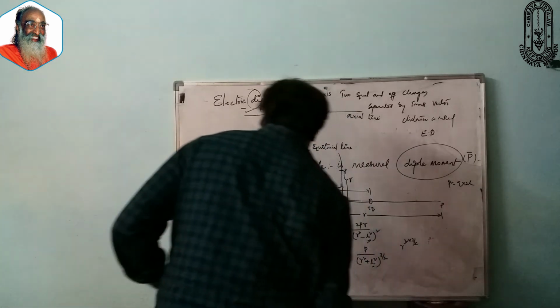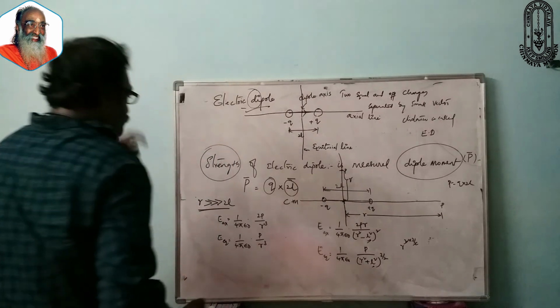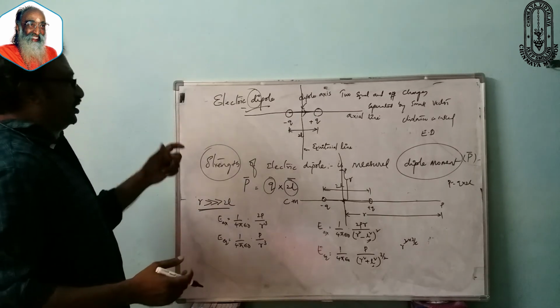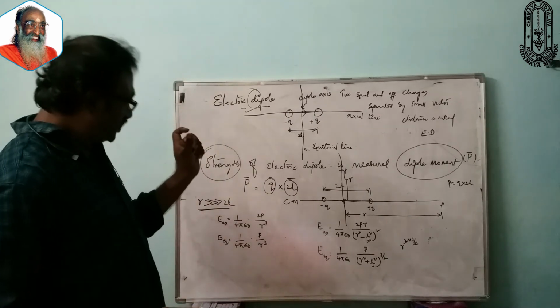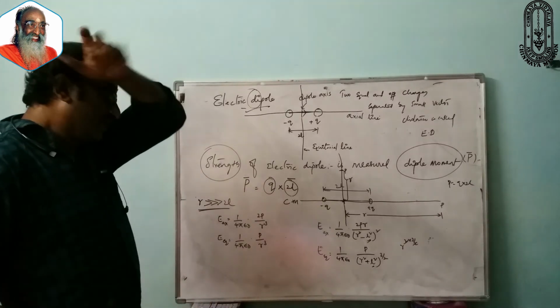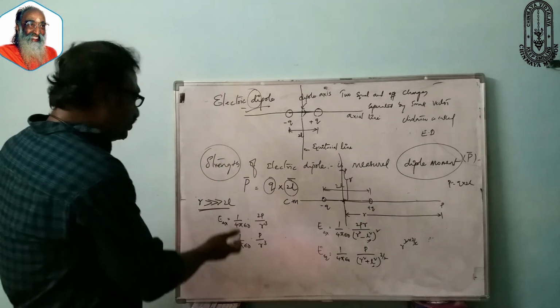So it is p by R cube. So like this, in the problems, by looking at the values of the dipole axis length and the point of separation, you can easily understand which formula we can select, and we can easily go with this type of formulas, right?